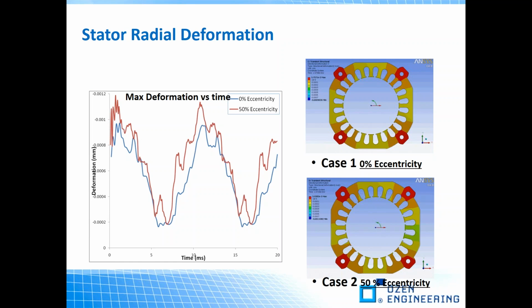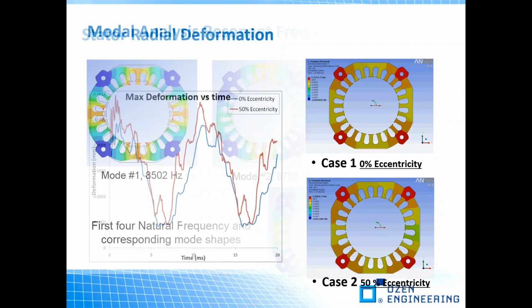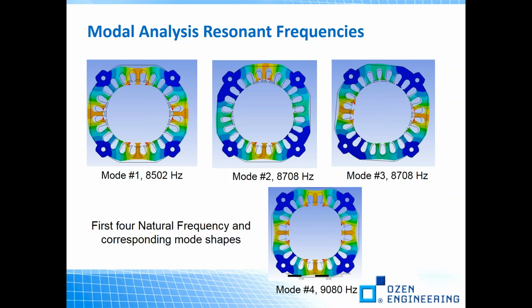Also, you can study the stator radial deformation based on the forces that you bring from Maxwell to Mechanical. You can easily look at the deformation versus time and see how it's changing. And you also have an option for doing modal analysis, looking at the resonance frequency, and looking at your model at different resonance frequencies.